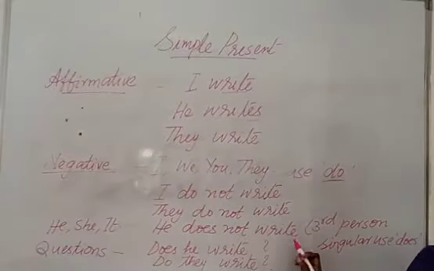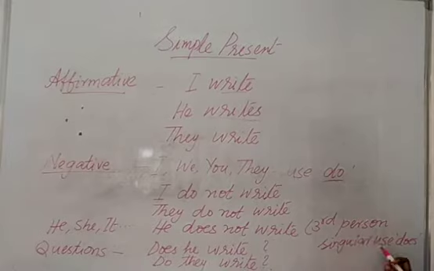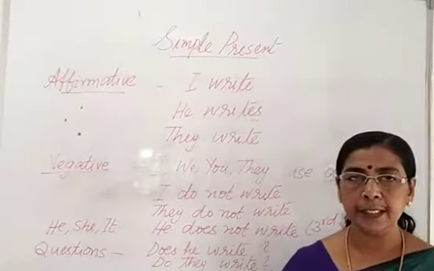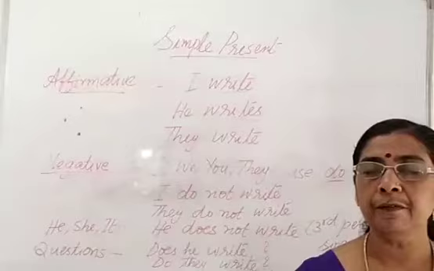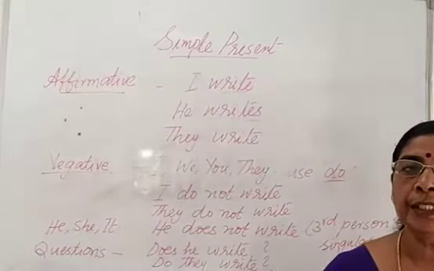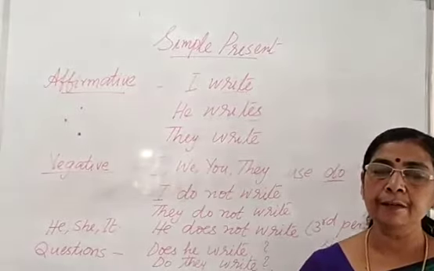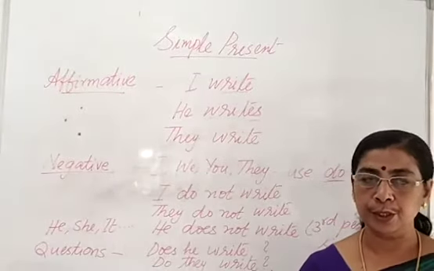So for third person singular, what do we have to use? We have to use does. For first person, second person and third person plural, we use do. For third person singular, we use does to make it negative and to make questions also.